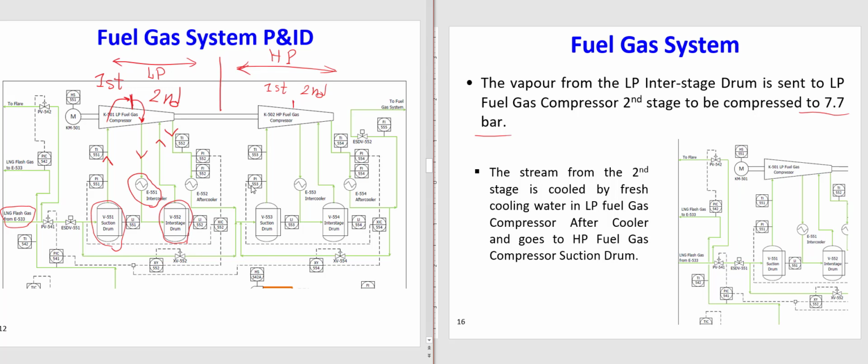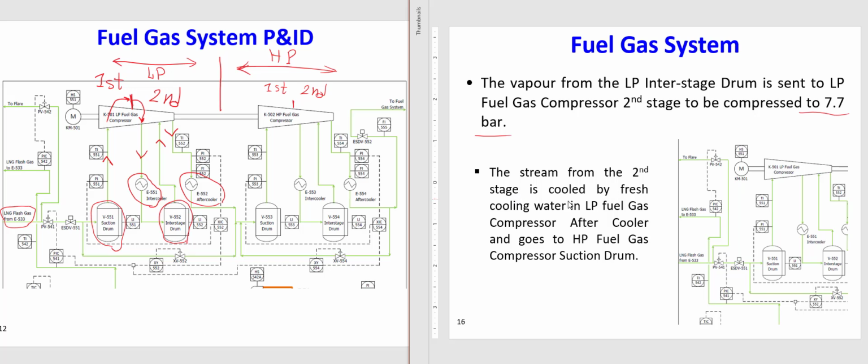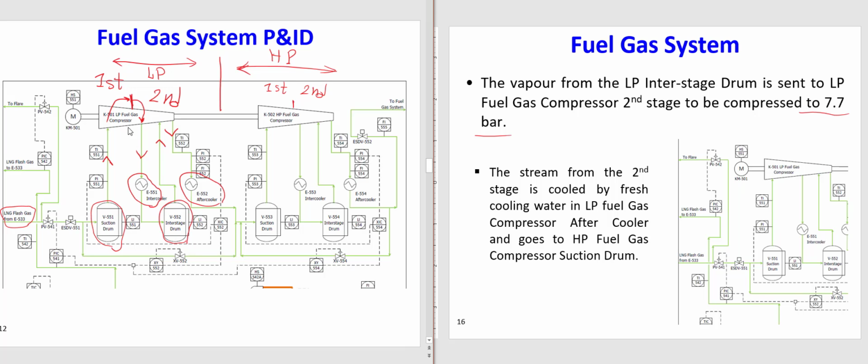And again, I will send it to an intercooler, aftercooler. So: suction drum, intercooler, interstage drum, aftercooler. The stream from the second stage is cooled by fresh cooling water in the low pressure fuel gas compressor aftercooler.